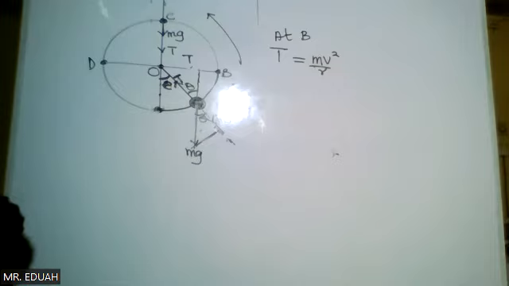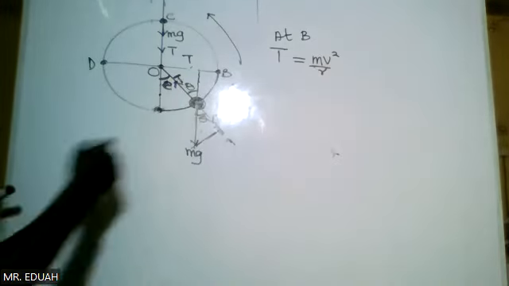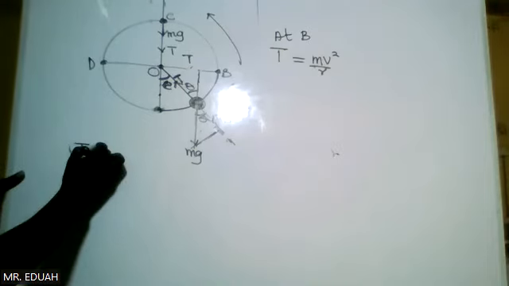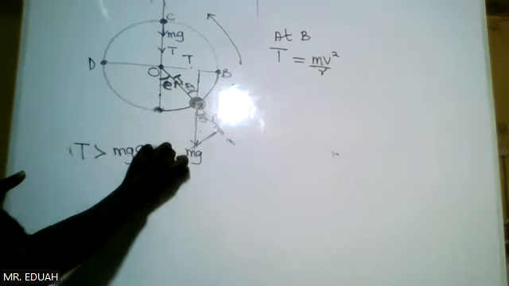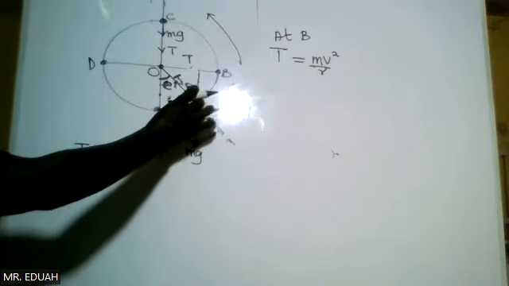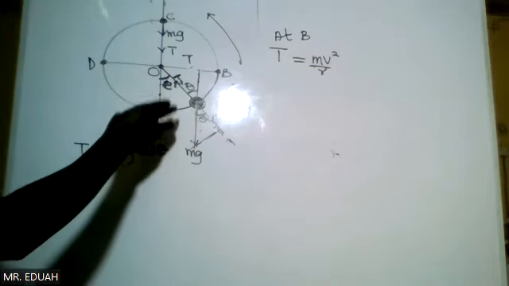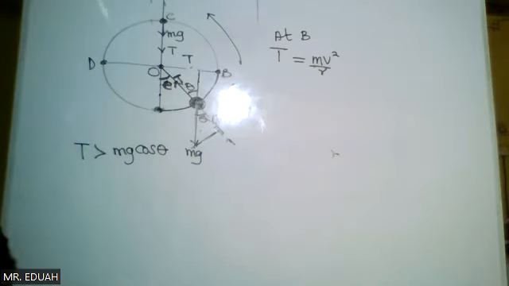Because this body is in circular motion, the tension T must be greater than mg cos theta. If T isn't greater than mg cos theta, it can tear off and the body would fail to be in circular motion. So for circular motion to occur, T must be greater than mg cos theta.